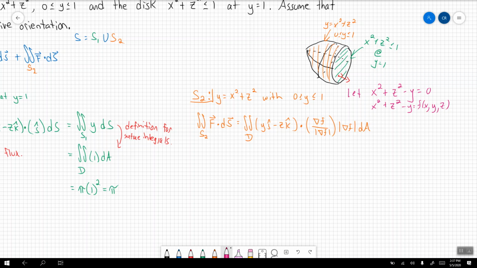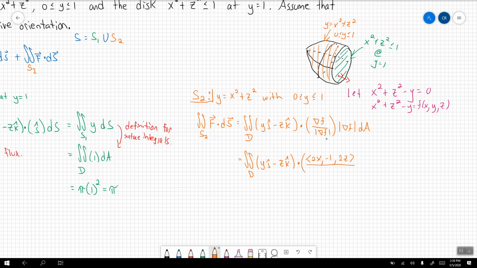So let's go through and find that gradient then. The gradient up top is going to be the partial with respect to x, so that's just 2x, the partial with respect to y, that's going to be -1, and then the partial with respect to z, that's going to be 2z, divided by its magnitude.